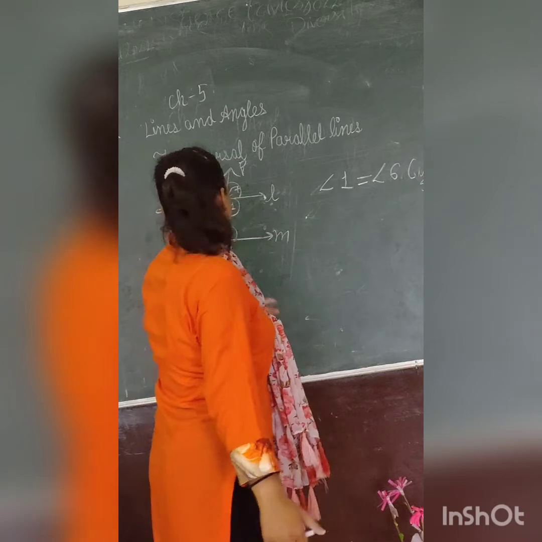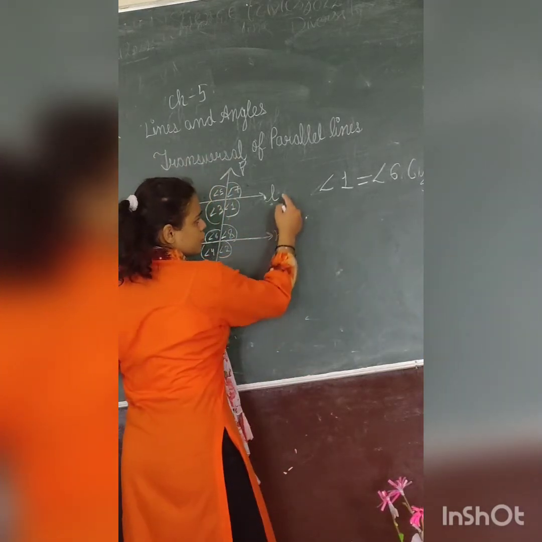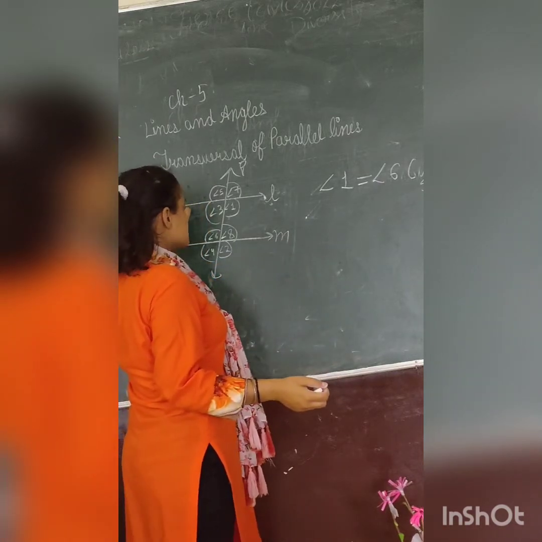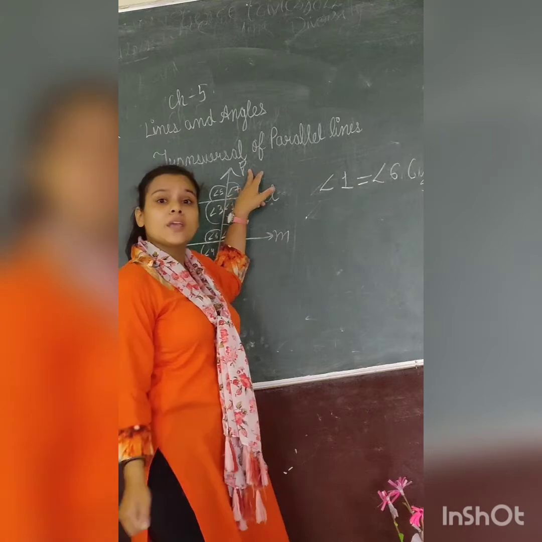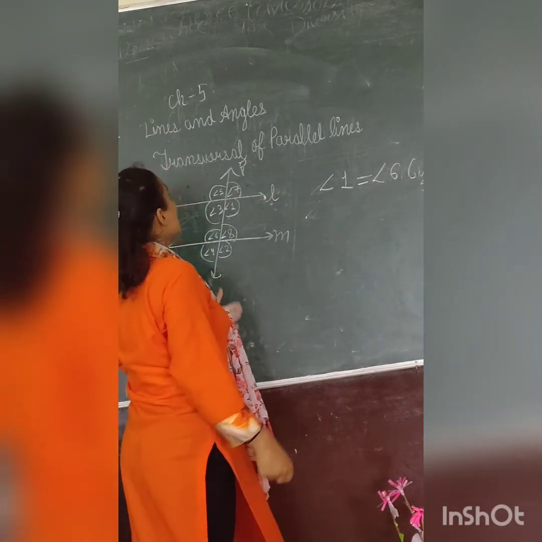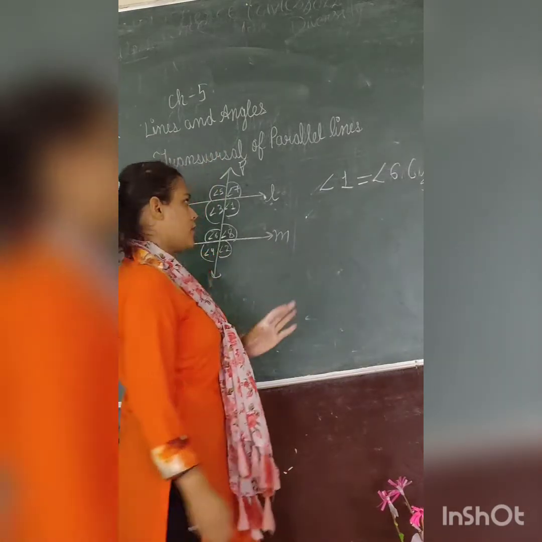Your next property is, if two parallel lines are cut by a transversal line P, then their pair of interior angles on the same side of the transversal will be supplementary. Okay.